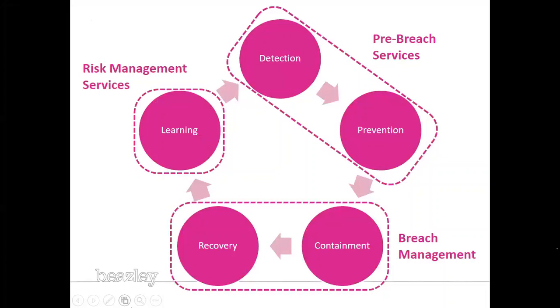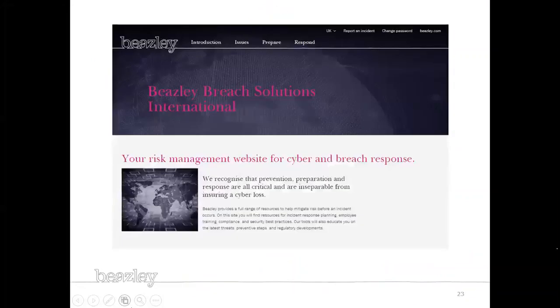So it's a classic triangle where there's pre-risk management, there's breach management, and then there's post-risk management, which normally small companies really value. And this is a slide of the risk portal that you automatically get access to if you buy the policy. You see in the middle, there's the UK. This is a UK website, so it's not about US data breaches.